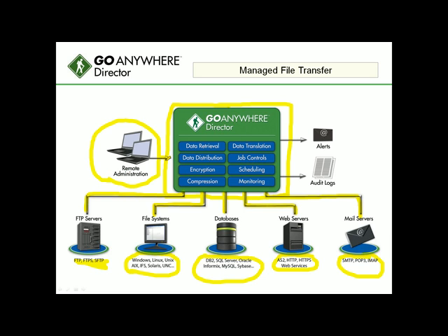So all of your administration is done through, you can choose Internet Explorer, Firefox, Safari, Chrome. You connect up. That's where you do all your setup work to your different systems you want to communicate with. From there, you'll be able to define the transfers and watch the audit logs, do any kinds of alert settings that you need to do to notify folks when problems arise, view the audit logs, and so on.